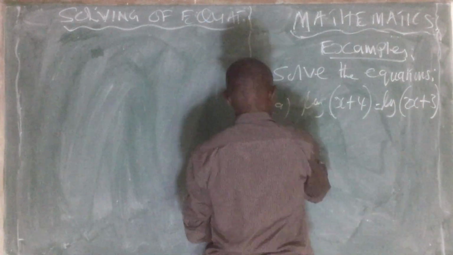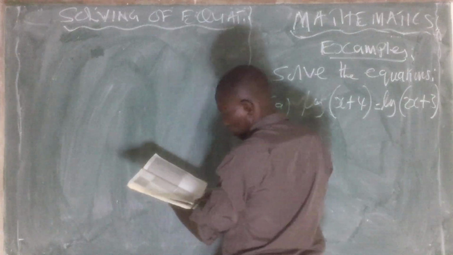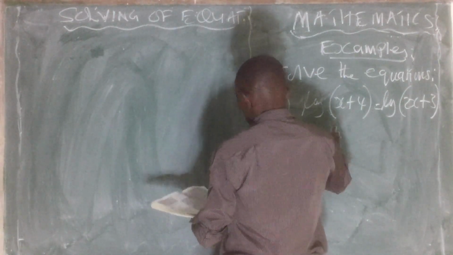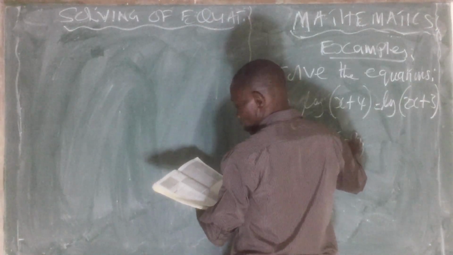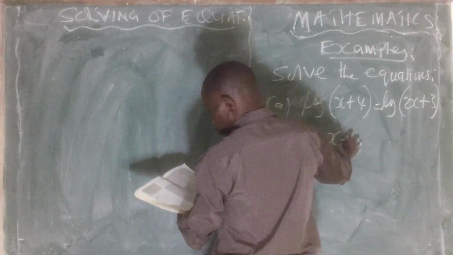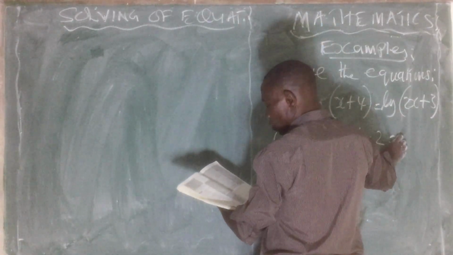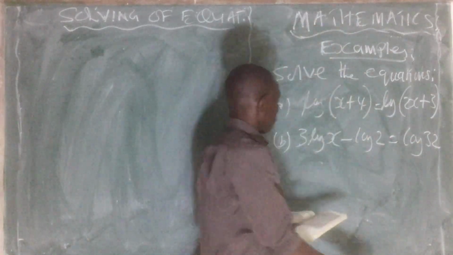For B, we have 3 logarithm of x minus logarithm of 2 is equal to logarithm of 32.